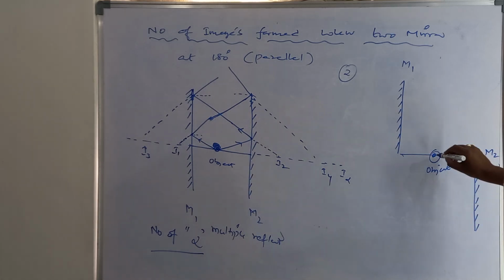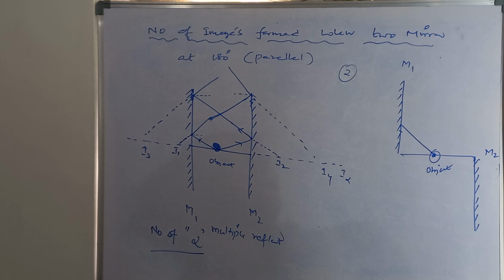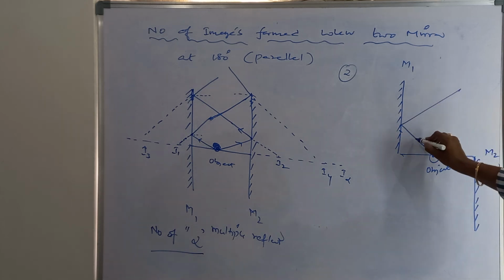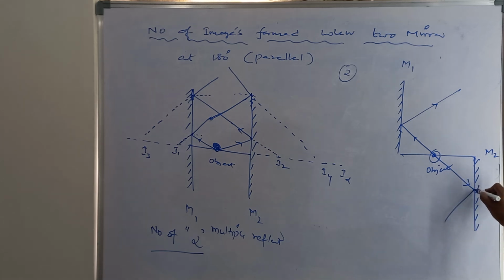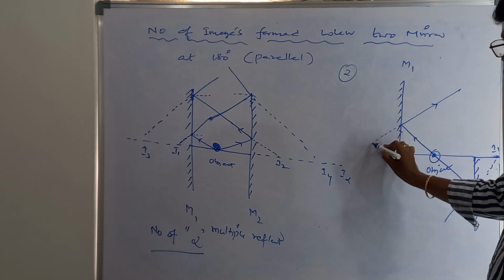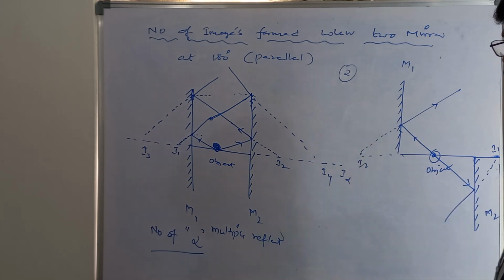Now as usual, light is incident on this mirror and reflected back. Here also it is incident on this reflecting surface and reflected, and if you extend this reflected ray, you get the image here. Suppose this is the M2 mirror, and here also if you extend this ray, you get one image here, I2.